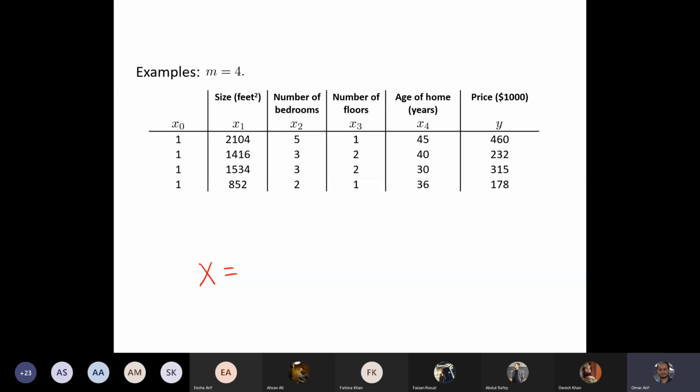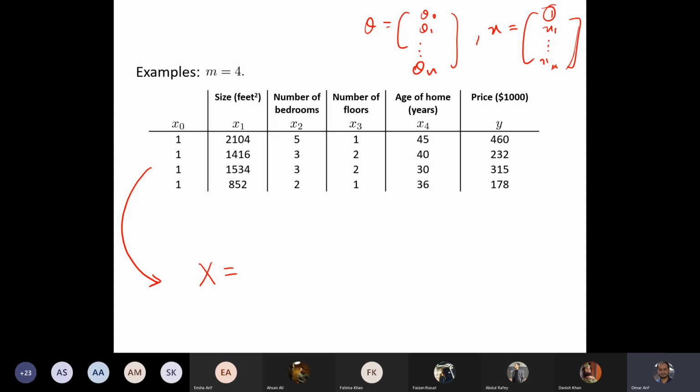Bias term simply means that we append each example with a 1. The reason is that theta is theta 0, theta 1 up till theta n, and similarly x is also 1, x1 to xn. So we have to add this for all the training examples, in this case 4 examples.